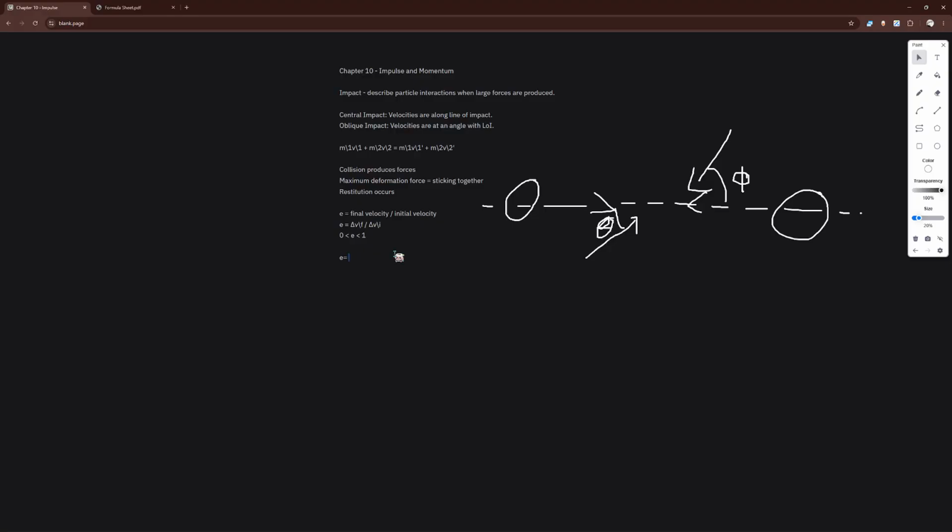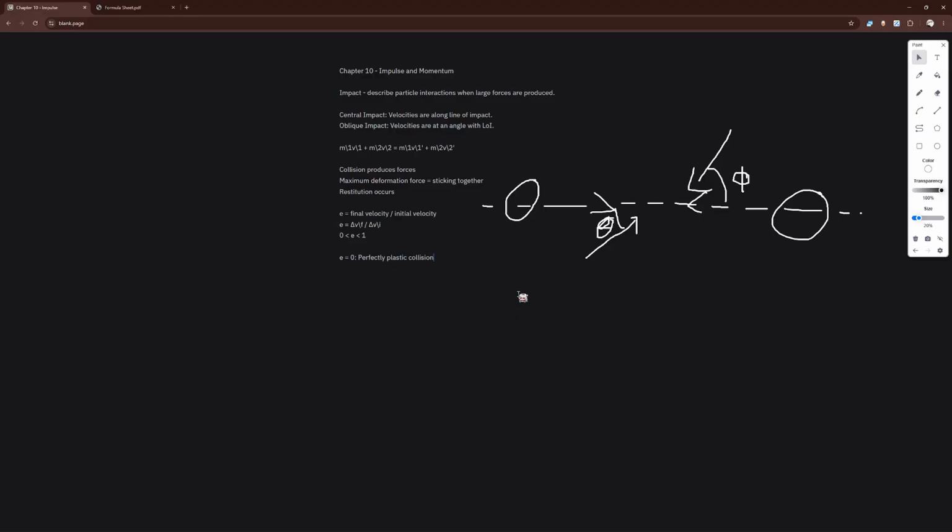We're going to just keep elaborating on restitution. So when E is equal to 0, this is a perfectly plastic collision, right? So that means that there is no restitution at all.